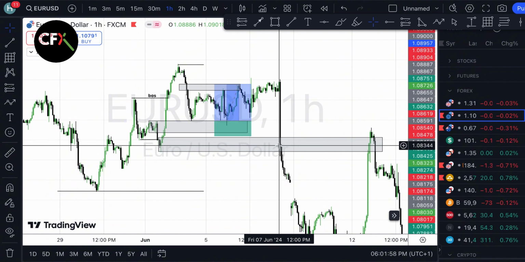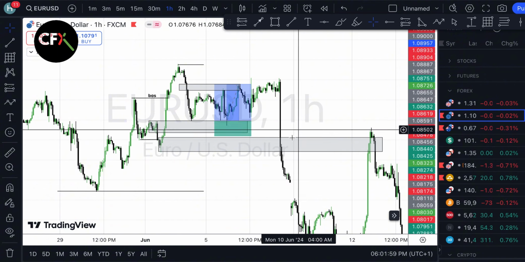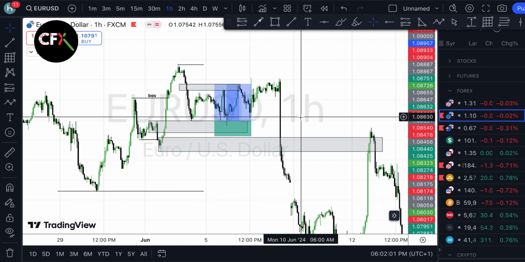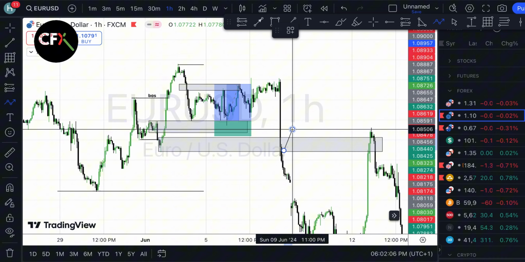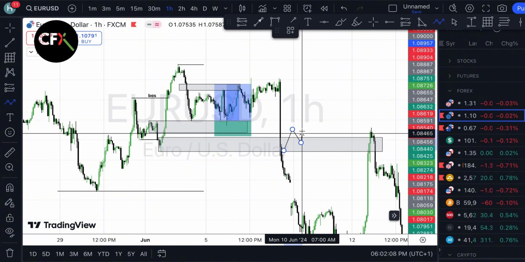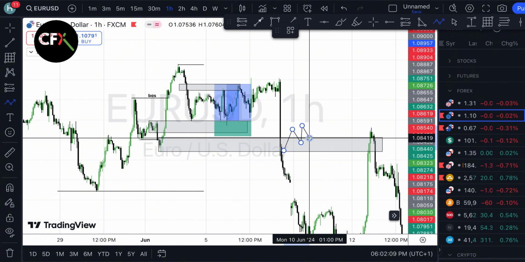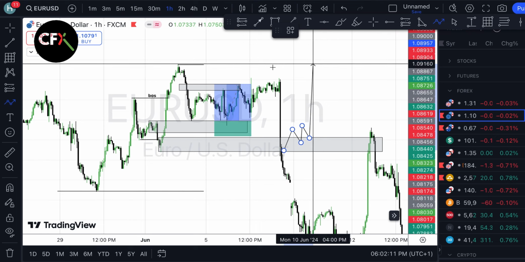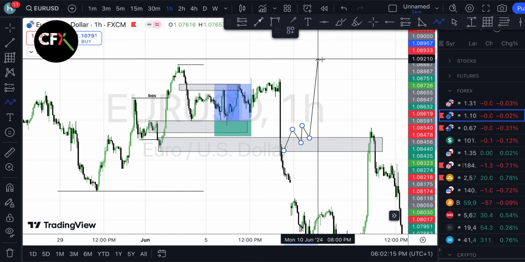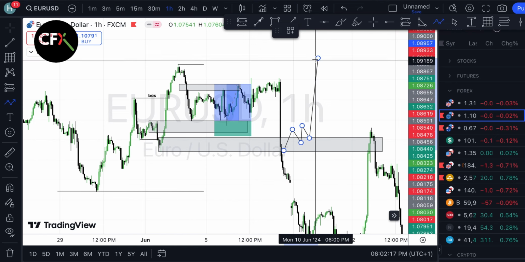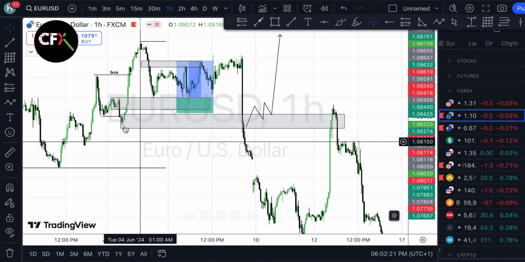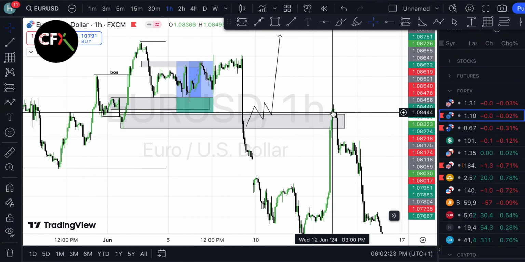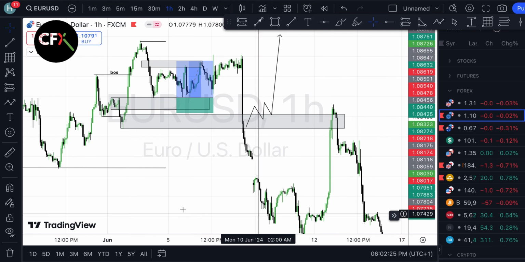So price is supposed to come back and do a market structure shift somewhere around here, before violating this high here. So this is what we expected to happen, but that was not the case. So price breached it. This now becomes a breaker block, and price returned back to it.